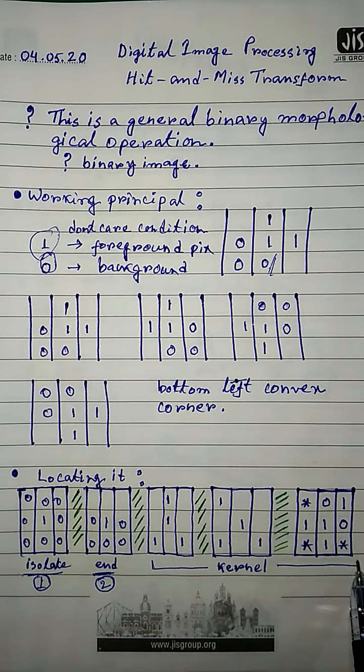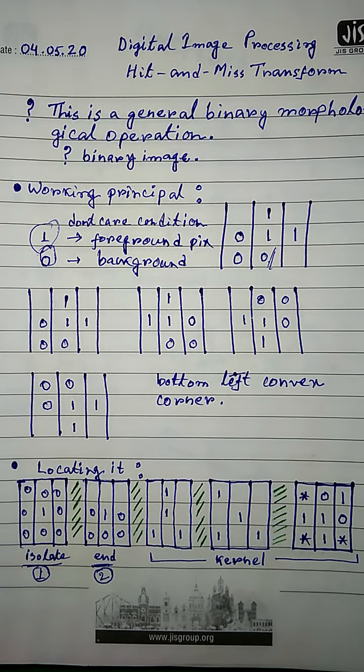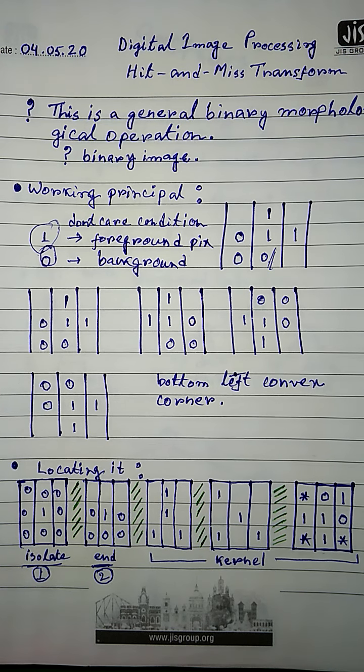That will happen for the don't care condition. So we assume that the origin of the element is the center of the 3 cross 3 element.